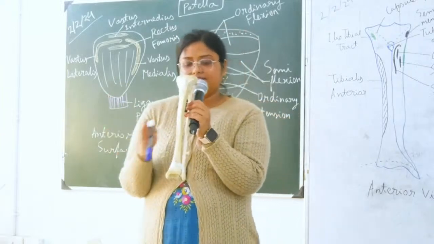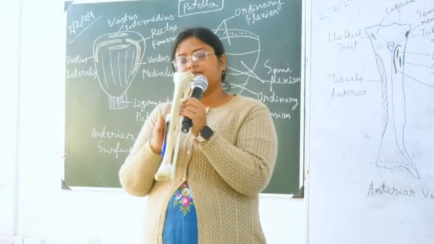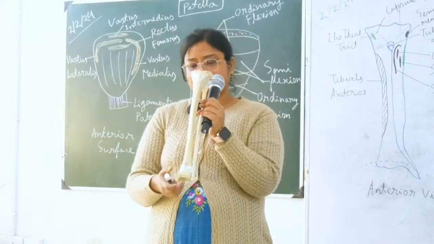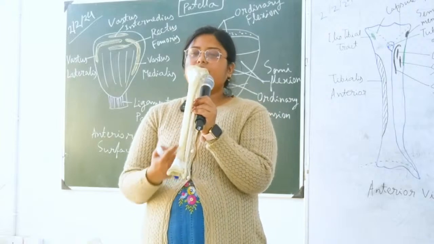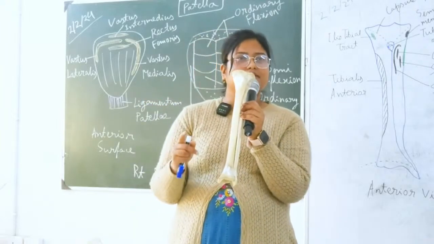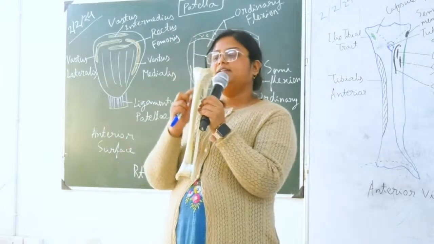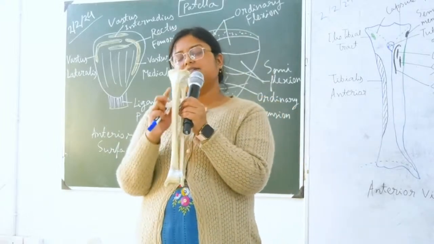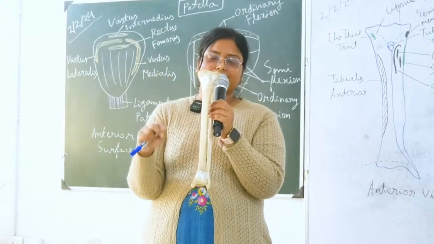First we discuss the medial surface. The medial surface is mostly subcutaneous. In the lower part it is crossed by the great saphenous vein, and in the upper part near the medial border there is insertion of three muscles.